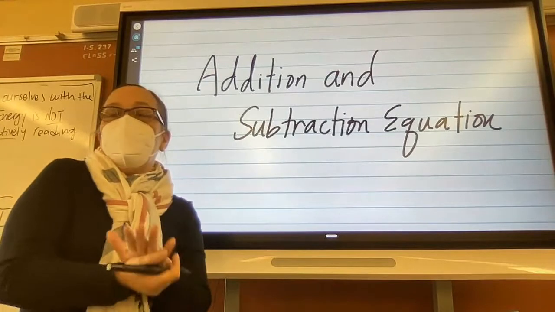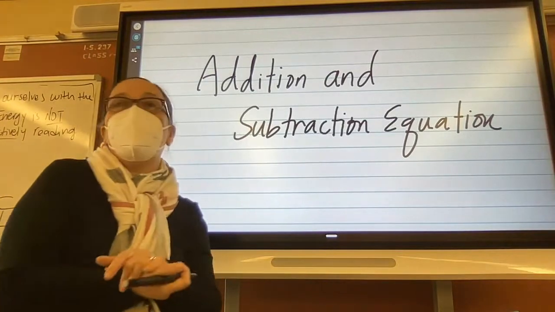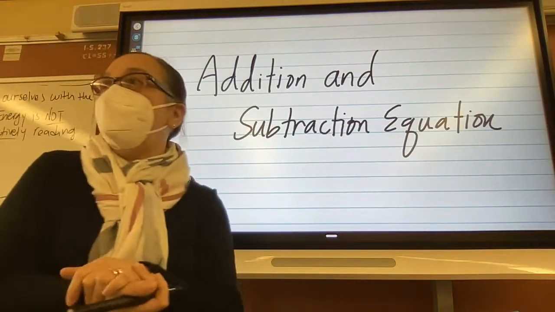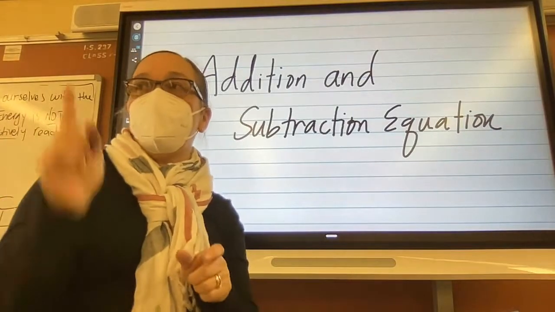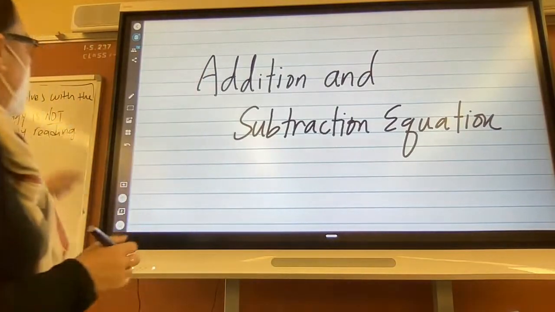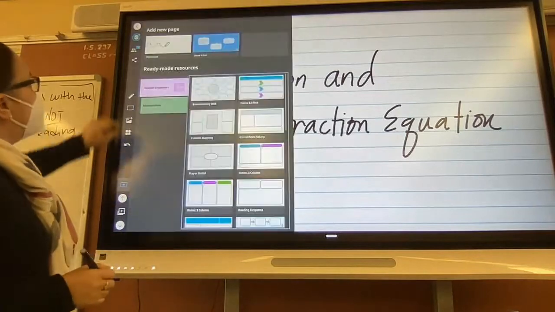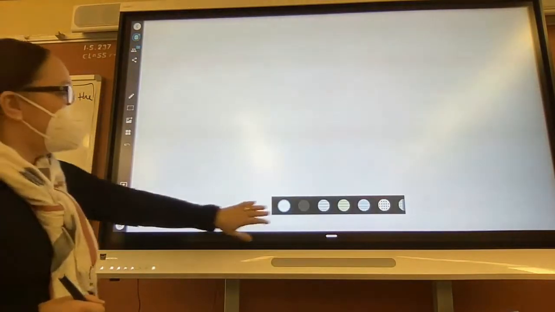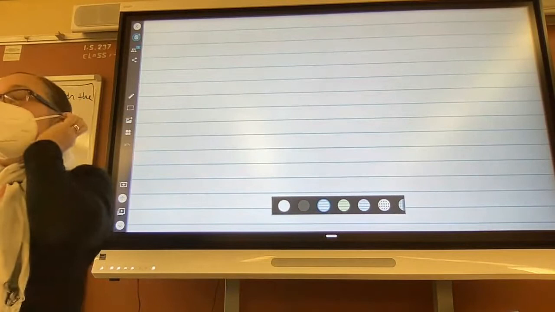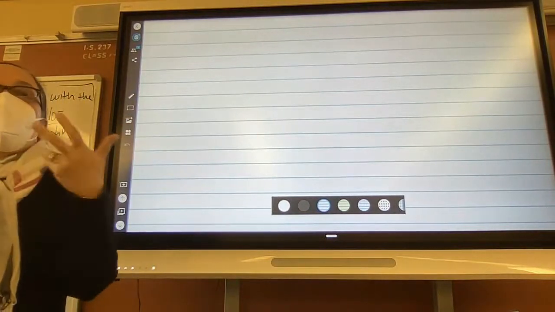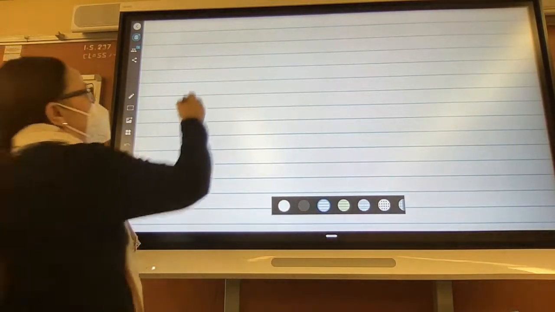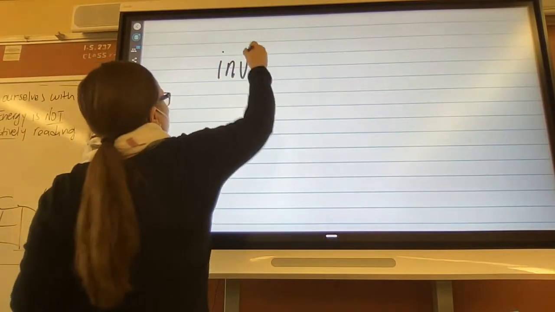If you remember, I gave you a short lesson on adding integers. This is where we're going to use those. Before the first example, we're going to be using inverse operations. Do you remember the word inverse?